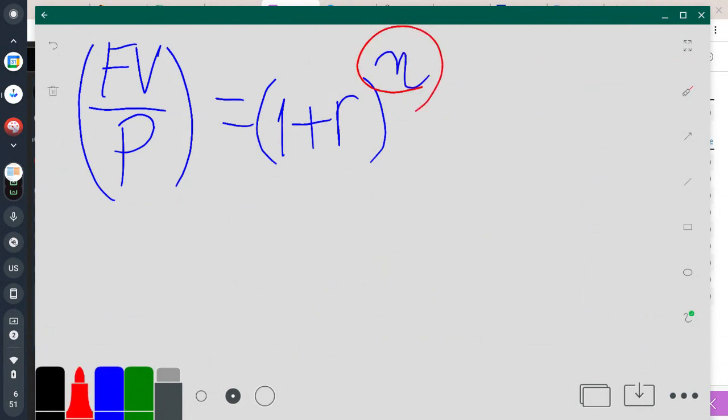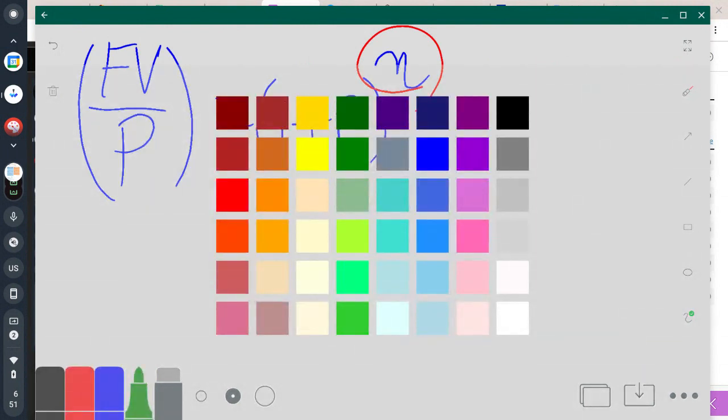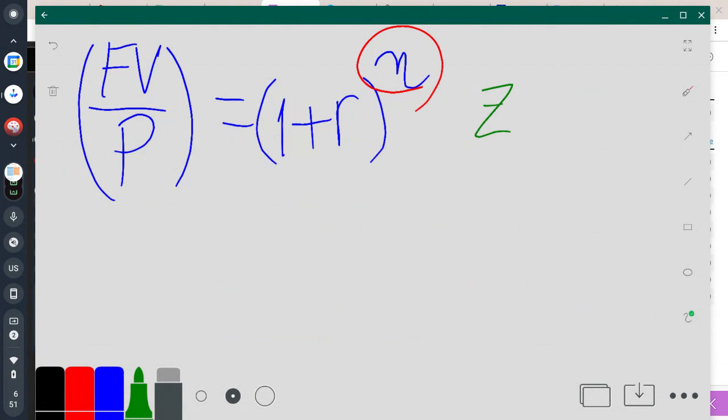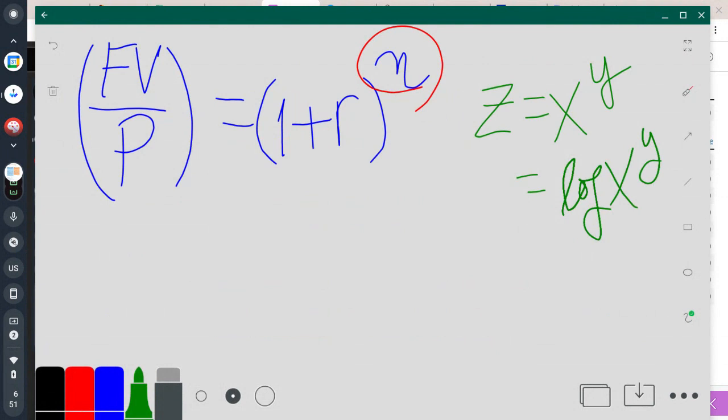But we know how to do this because now it is like z equals x raised to y, and if I take the log, I can bring this down.